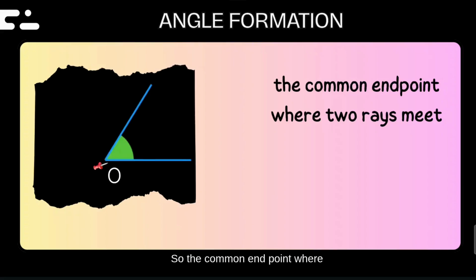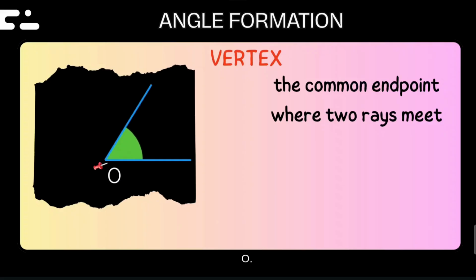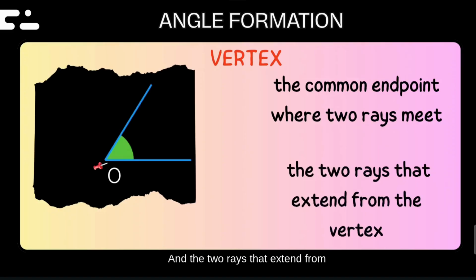So, the common end point where two rays meet is the vertex O. Can you identify the vertex in the angle depicted on the screen? It is O. And the two rays that extend from the vertex and form the angle are called the arms. So the two parts of the angle are vertex and arms. Let us explore further.